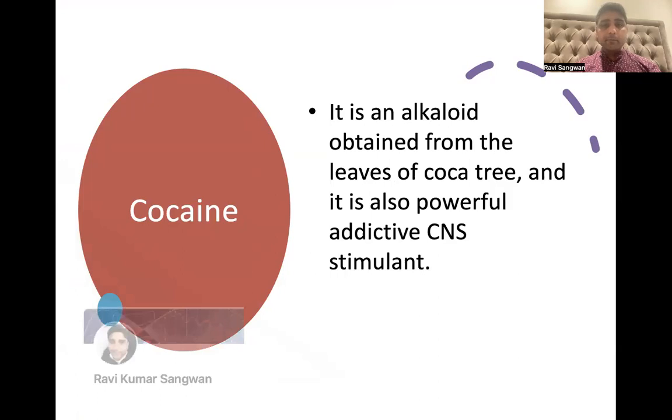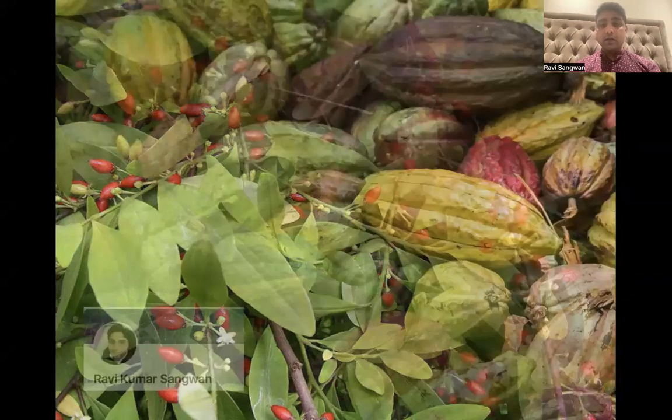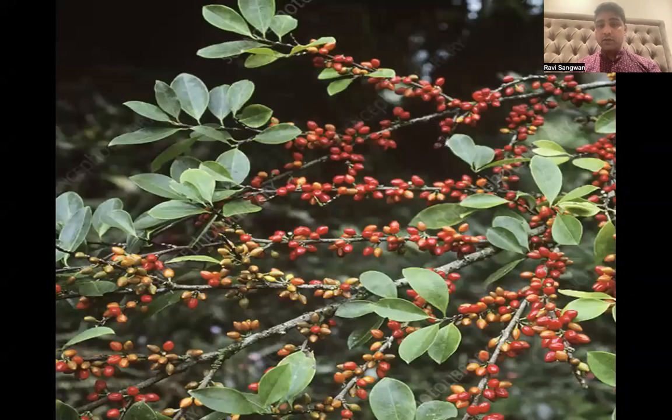And this is the plant of coca, the coca tree. You can easily see these beans just hanging around the tree. These are coca fruit. People extract from its leaf, and the coca is dried after that.